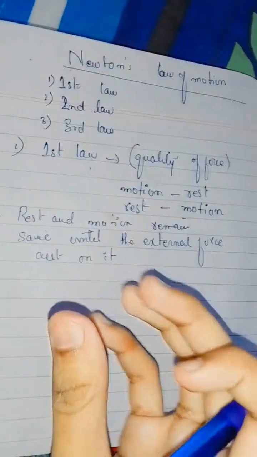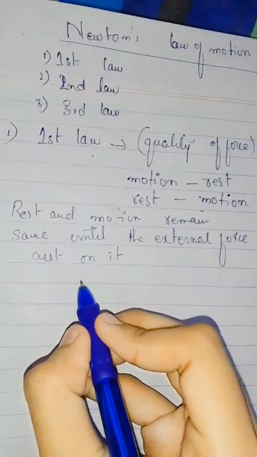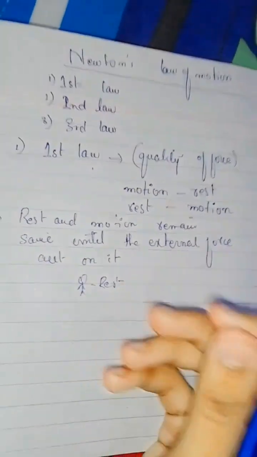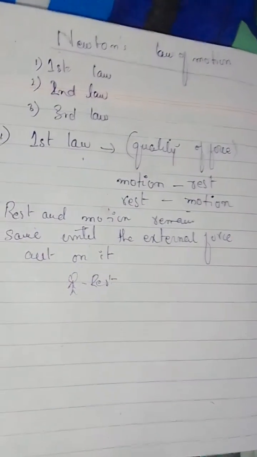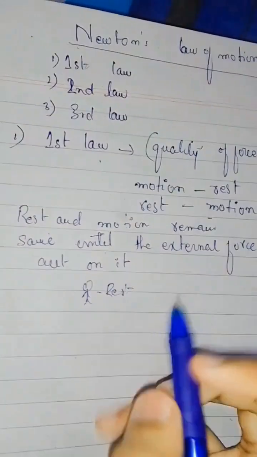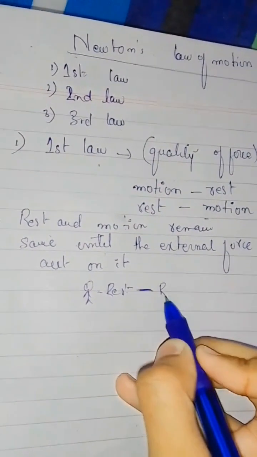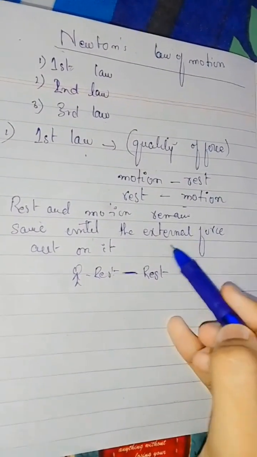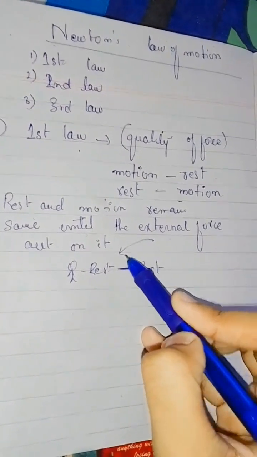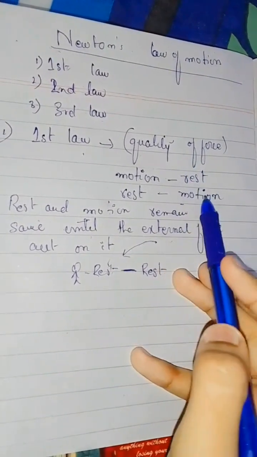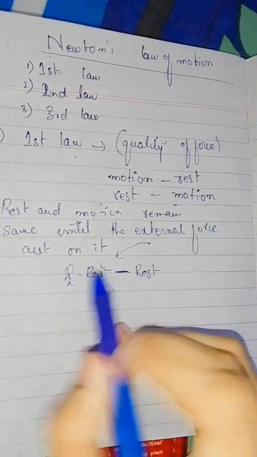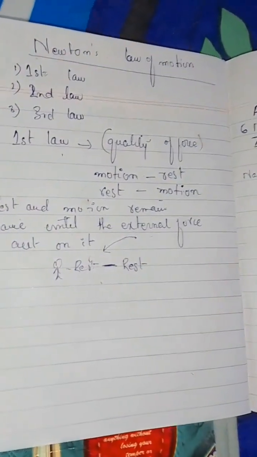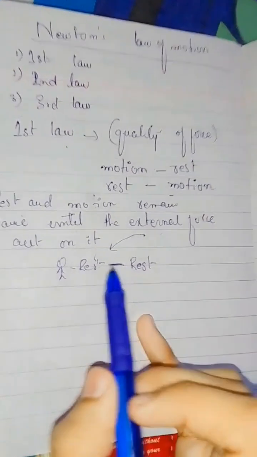If a body is at rest and no external force is applied on it, the body will remain at rest. But if an external force is applied on that body at rest, it will convert into motion. Likewise, if a body is in motion, it will remain in motion until an external force is applied on it.